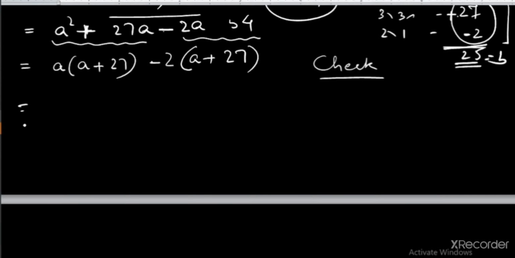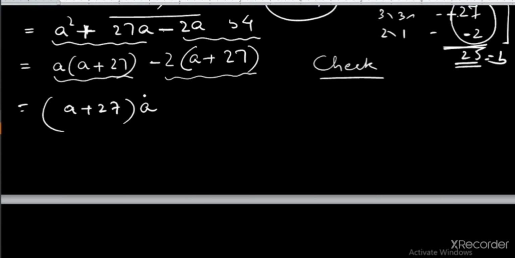Now again you can take common. Out of this, you can see this 4 term part is reduced to only 2 terms, and out of these 2 terms, take out the common. So what is common here? A plus 27, A plus 27. That means this whole bracket is common. So A plus 27 is common here. And what else is remaining? A minus 2.